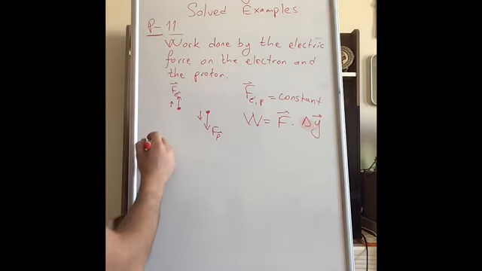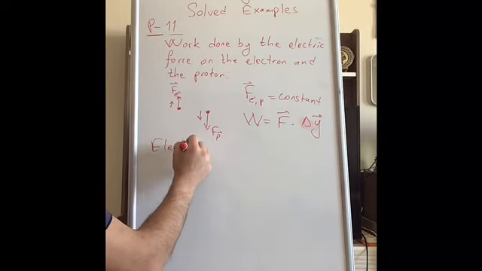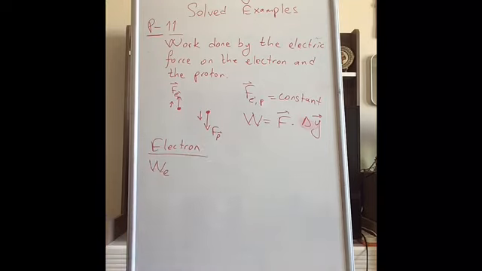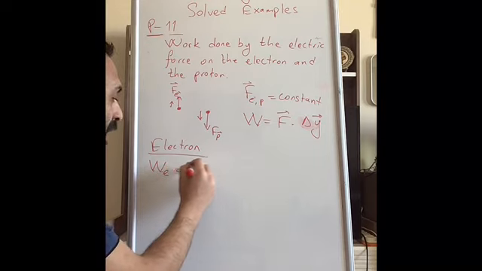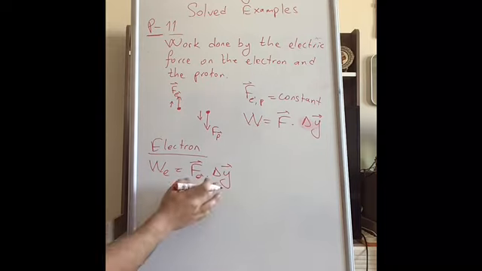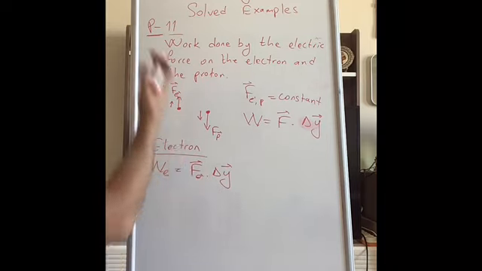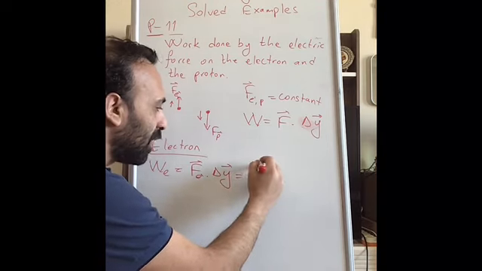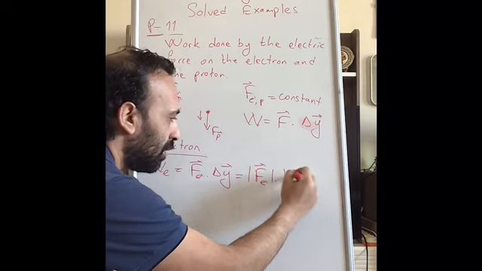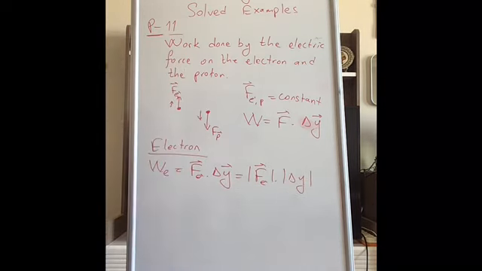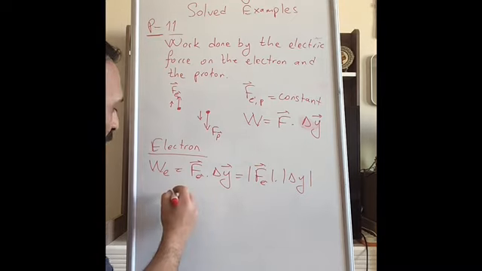So let's do it for the electron. All right, the work of the electric force on the electron will be equal to F electron times delta Y, and they are both positive, right? In the positive direction, and they are parallel to each other, so it will simply be equal to the magnitude of the electron force times the magnitude of delta Y, which is 5 millimeter. Again, we need to convert it to the meter to use it. All right, so if we plug in the numbers, what was the force on the electron?